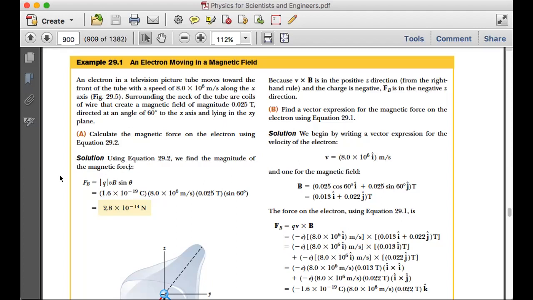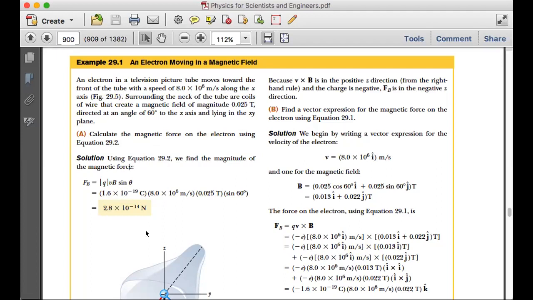So in 29.2, you just insert the magnitude of the charge of an electron, the speed, the magnitude of the magnetic field, and the sine of theta, the angle between the velocity and the magnetic field.